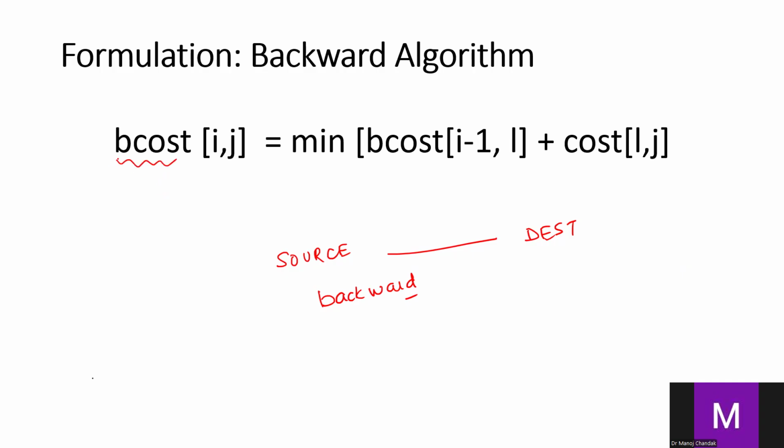B stands for backward here. There are two variables being used here, I and J. I represents the stage and J represents the vertex which belongs to the stage.